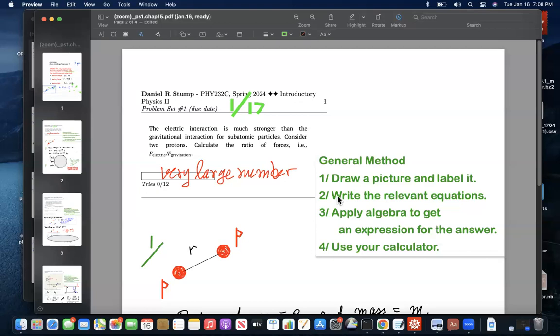Now, you're not ready for your calculator yet. You have to look at those equations and see how to apply algebra to get an expression for the answer. And once you've got an expression for the answer, you're ready to pick up your calculator and put in the numbers. And when you calculate the numbers, you should also calculate the unit.